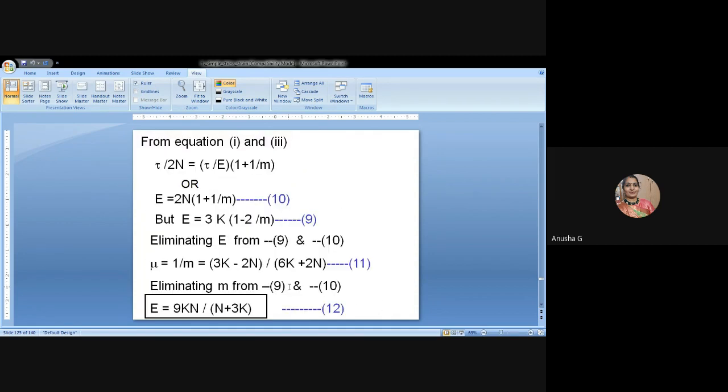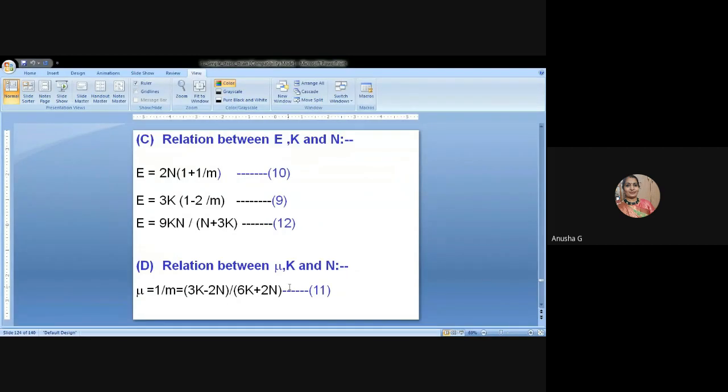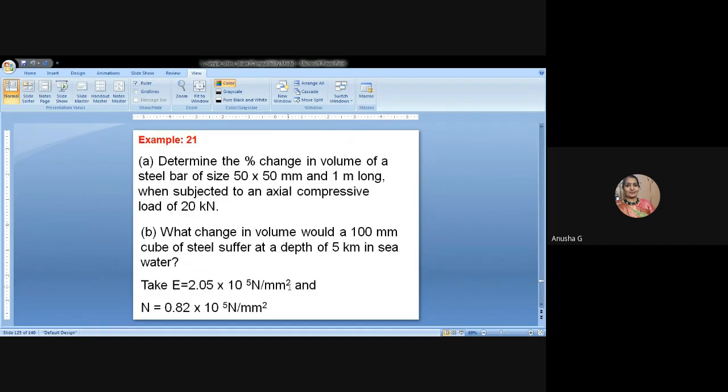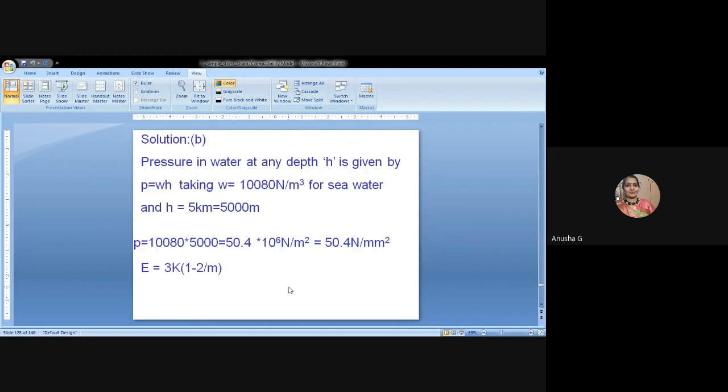The formula is E equals 9KN by N plus 3K. These are the different formulas to be used for the relationship between Young's modulus, bulk modulus and the shear modulus, and you have to solve problems using them.